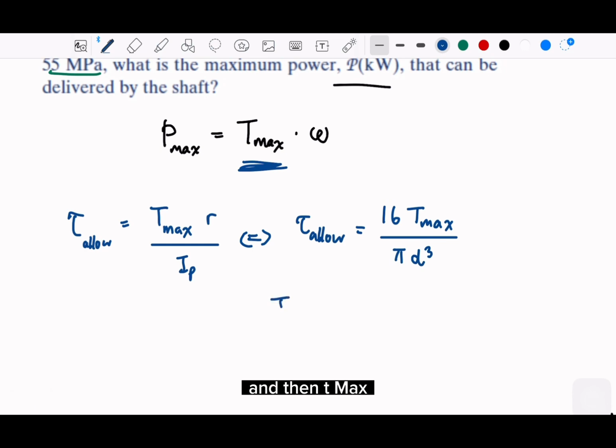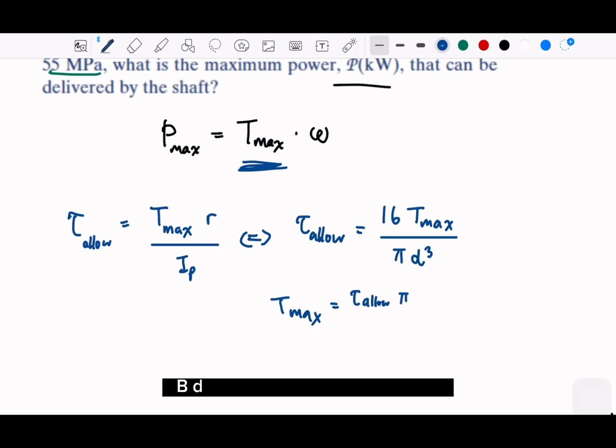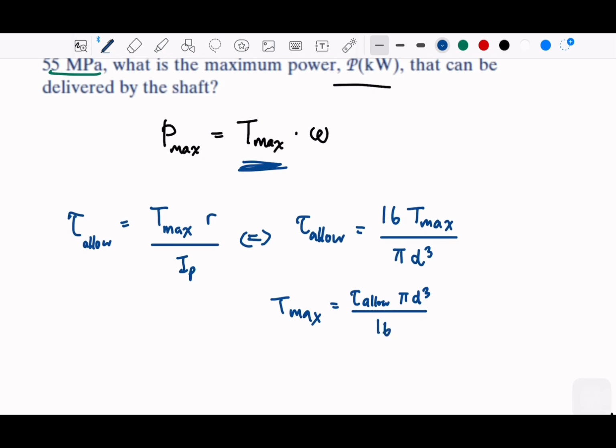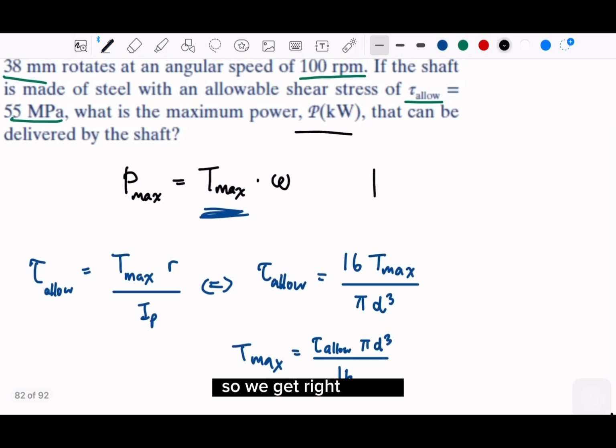And then T max, from this we just take it to here, pi D cubed, and then divide by 16.